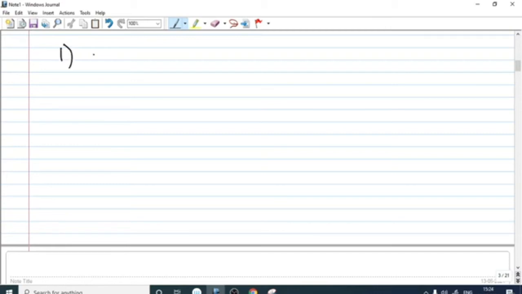The first standard result is d power n by dx power n, the representation of the nth derivative, of e power ax.